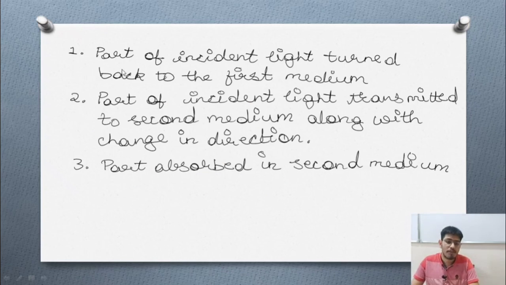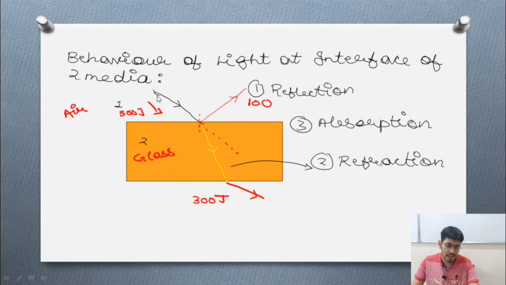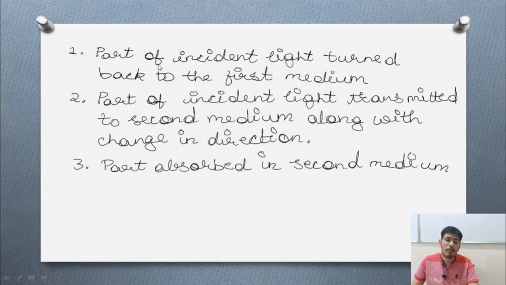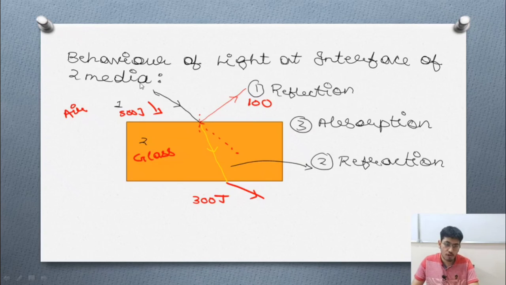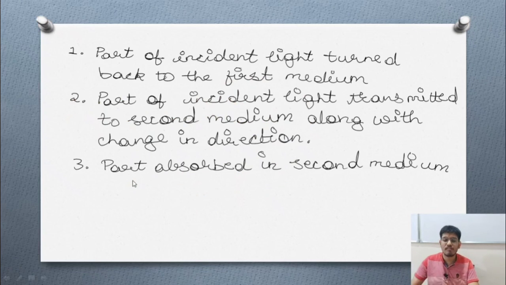First thing, the part of incident light turned back into the first medium is known as reflection. As we have seen over here, the light is getting reflected. It was going to the first medium only, and it came back again into the first medium only.